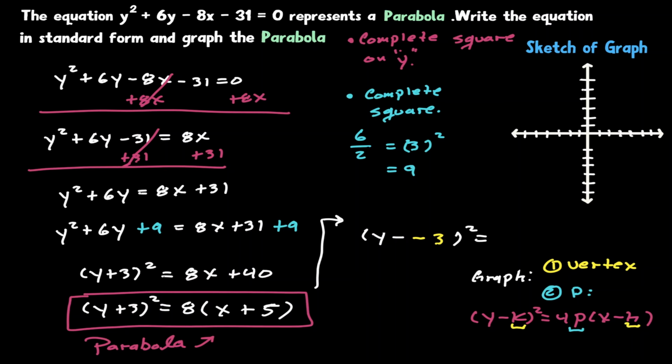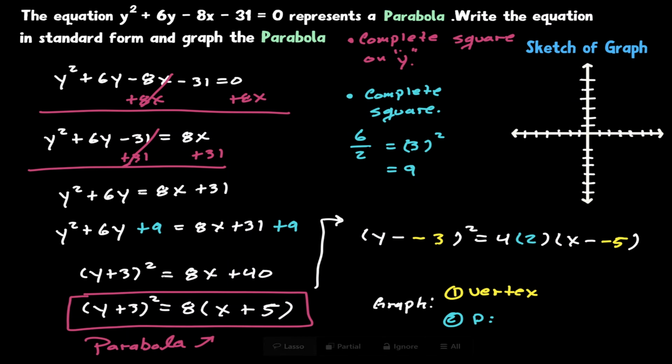So instead of writing 8, I'm going to write it as 4 times 2. And to find the value of h, we need to write it as a subtraction. Right now, I have it as an addition. So instead of writing plus 5, I'm going to write it as subtraction of negative 5. And we are done. And now we have everything that we need to graph our equation.